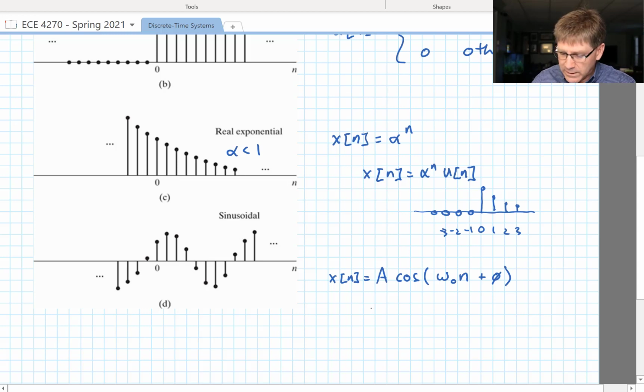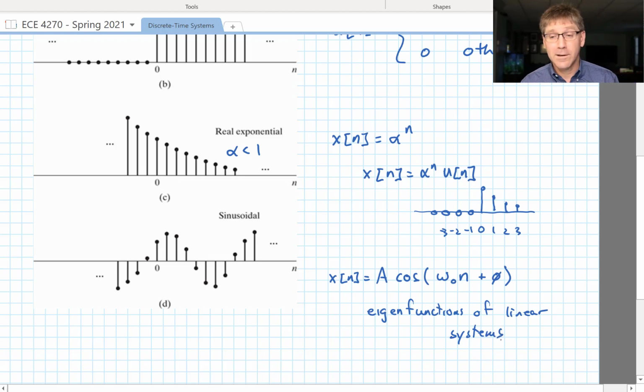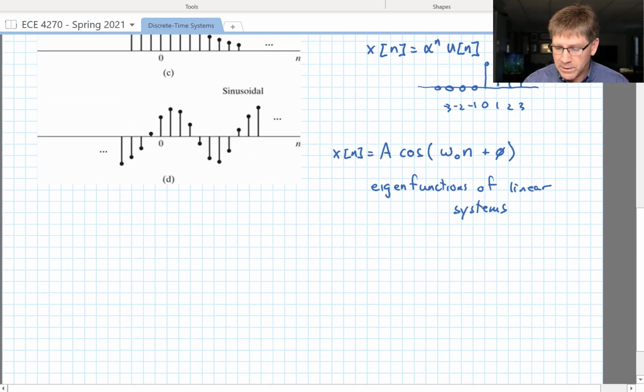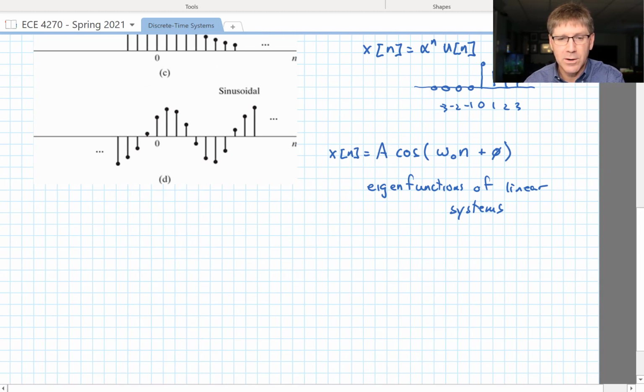We'll find out later that these are eigenfunctions of linear systems, and I'll talk more about that. If that means something to you, great, you're keeping right up. If it doesn't, my job as a teacher is to help you see how that does mean something to you, and we'll do that in a few lectures.